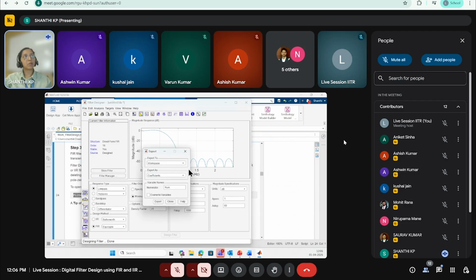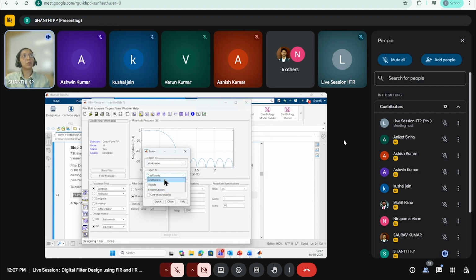This will give you a small dialog box, where you need to choose where to export. For now, we will export to our MATLAB workspace, and we will export it as coefficients. Other options are you can export it as objects or system objects.